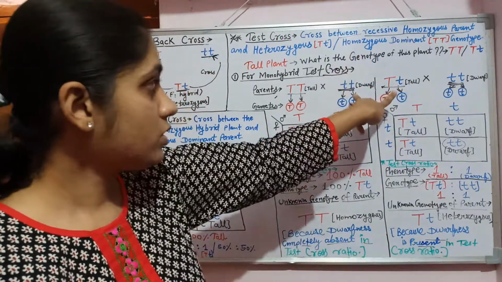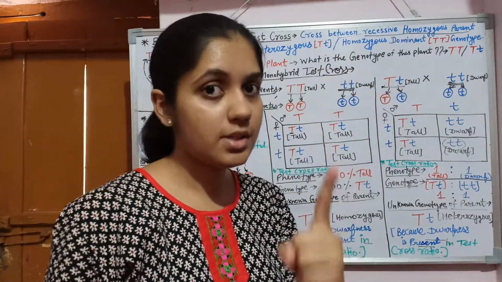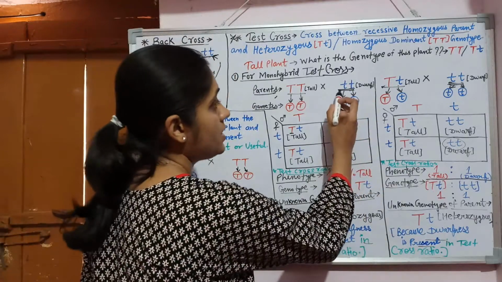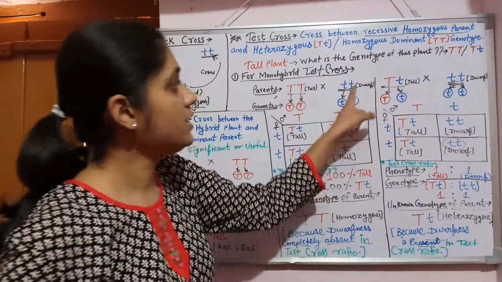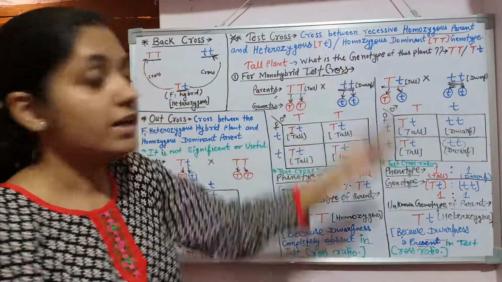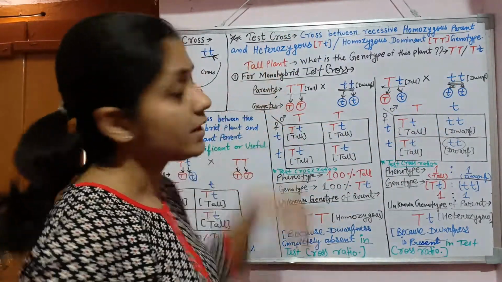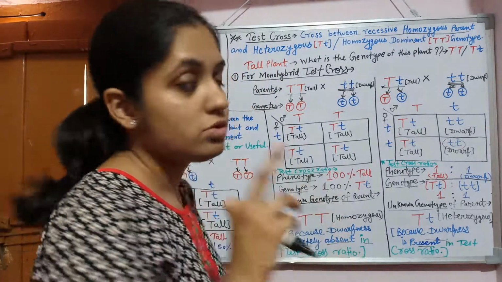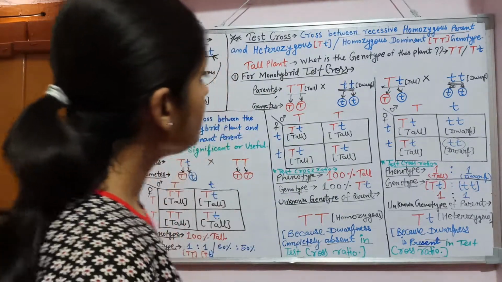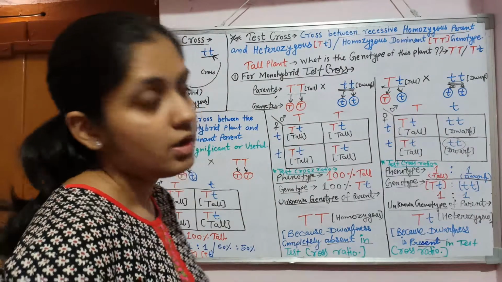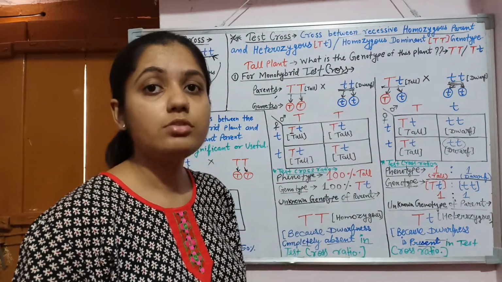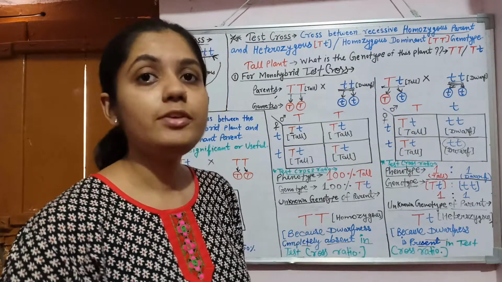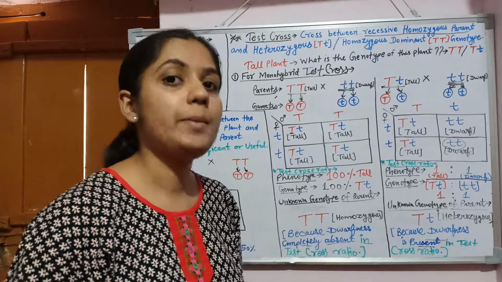In both crosses, one thing is similar: we must take the recessive homozygous parent, small t. That is the characteristic feature of the test cross, so you must remember this. And suppose we have a plant with the tall phenotype, but we don't know the genotype of this plant.